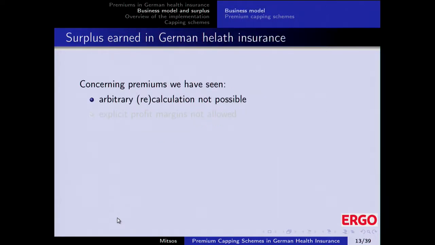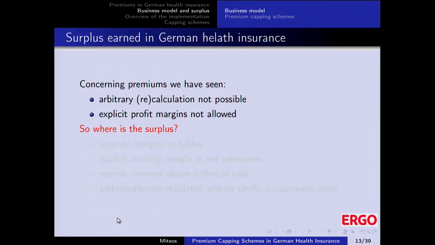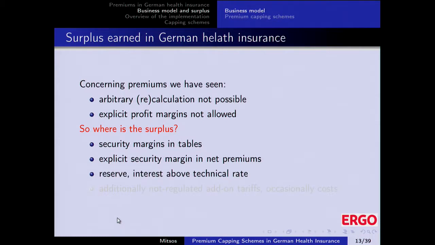We have seen that arbitrary calculation or recalculation of premiums is not possible. We are not allowed to use explicit profit margins or discounts on our premiums. Where's the money? We have the security margins. In all tables there are security margins and they are mandatory. We have the explicit security margin in the net premiums, again mandatory.